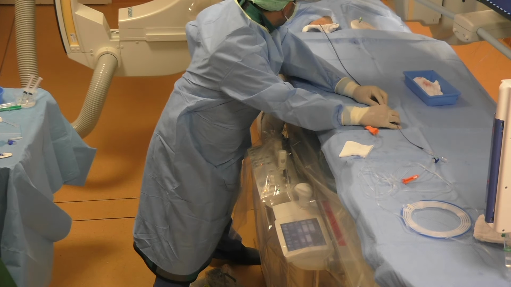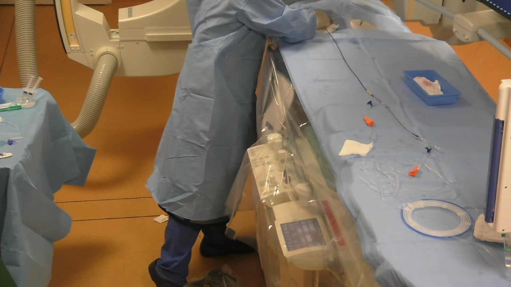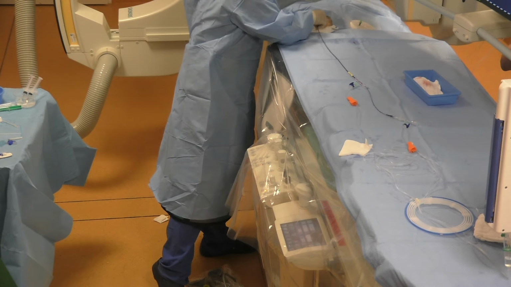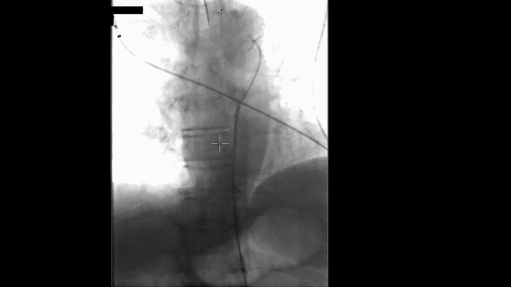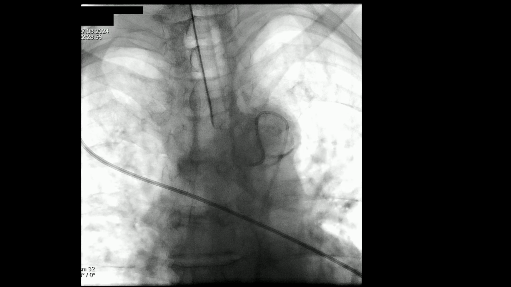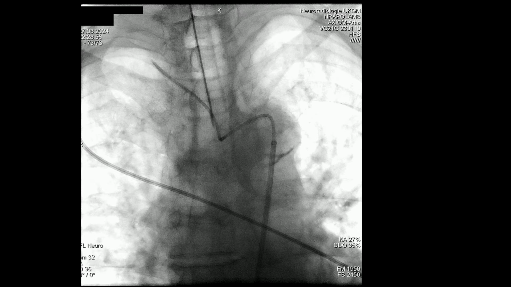And here we go. We push the long sheath Neuromax with the select catheter Sidewinder in the aorta, configure the select catheter and pull it a little bit back, and now we are in the right common carotid artery.